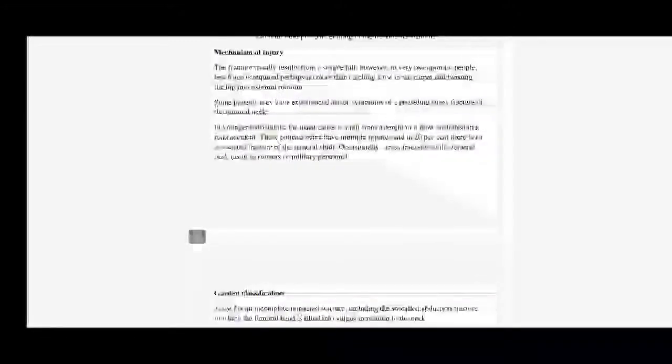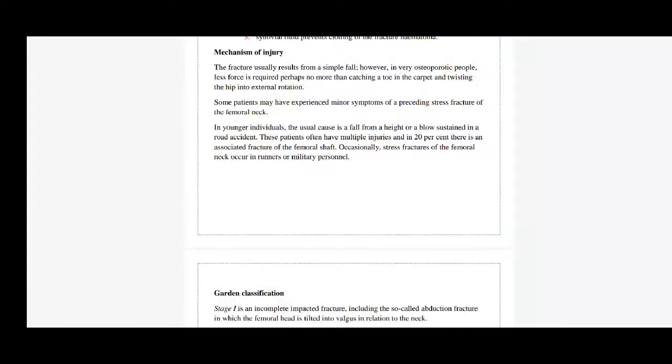Mechanism of injury of the femoral neck usually results from a simple fall in elderly patients, as I mentioned, very osteoporotic, and the force perhaps no more than catching the toe in the carpet and twisting the hip into external rotation. Some patients have unexplained minor symptoms preceding, and may have a stress fracture of the femoral neck from repeated microtrauma. In young adults it usually results from major trauma, especially a road traffic accident or fall from height.